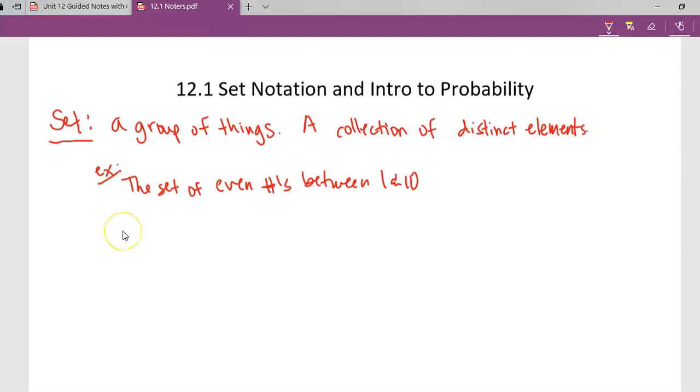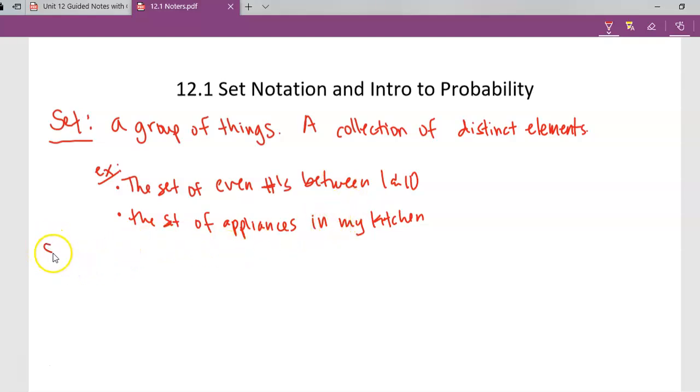Another one might be the set of appliances in my kitchen. So it doesn't have to be numbers. It's just a collection of things. Of course, when we're talking about math, a lot of times we're talking about numbers. Not every time, but a lot of times. So a set is just a collection of items or numbers or things.